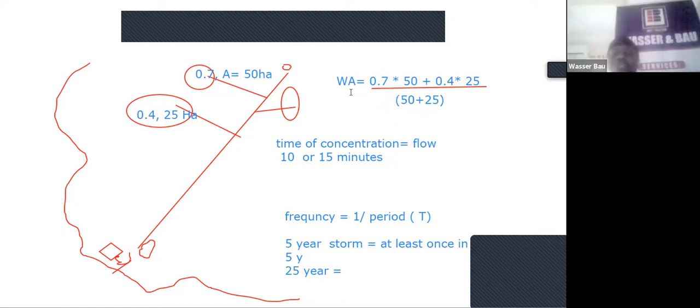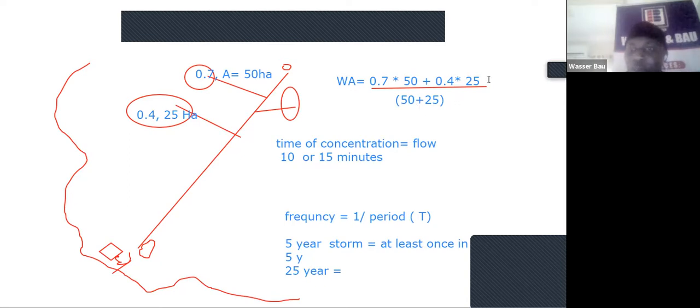If you look at it, if you have this area, but it's 0.7, and you have this area, there's 0.4. If I calculate the mean weighted average, let me get you the answer, because this is very instrumental, so that when you have different catchments with different areas, you'll be able to take their mean weighted average. So this is 0.7 multiplied by 50, to give me 35, okay? 0.4 multiplied by 25 to give me 10.